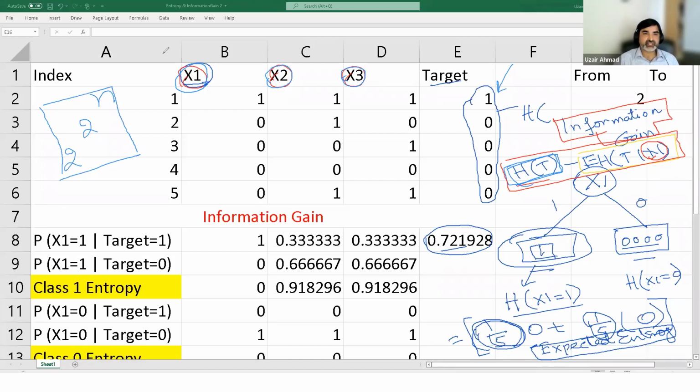This gives us information gain. So information gain from x1, information gain from x2, information gain from x3. We will see which one is best. We will keep that variable in our decision tree.